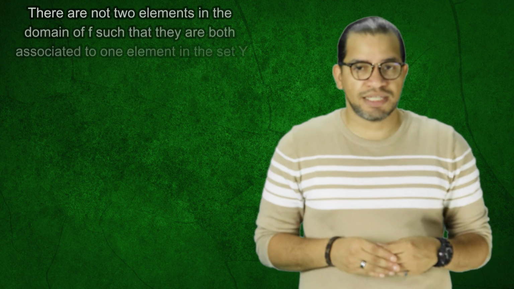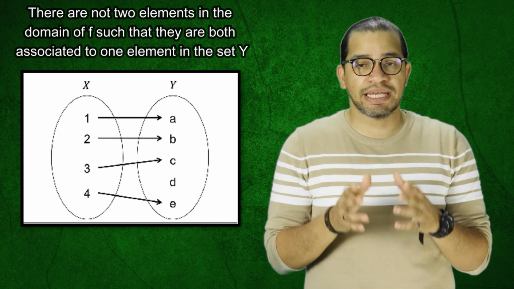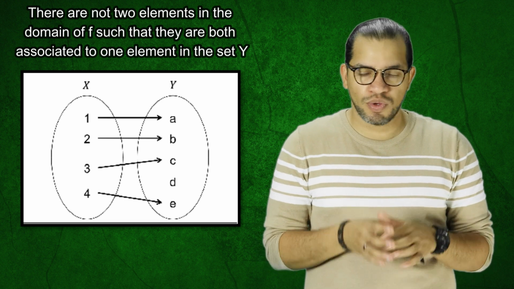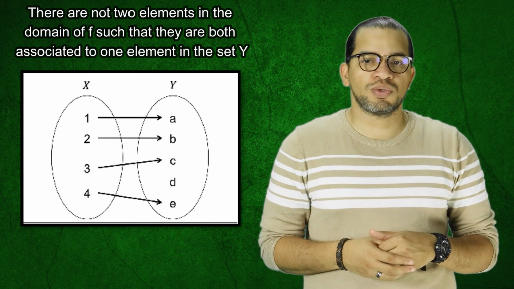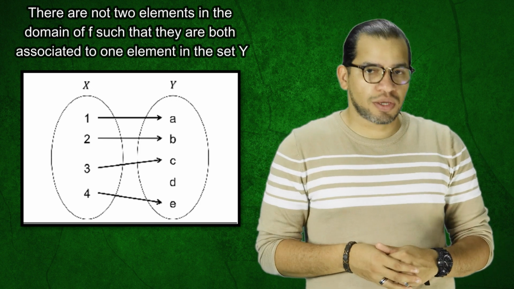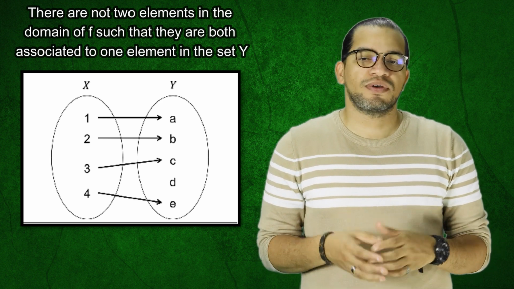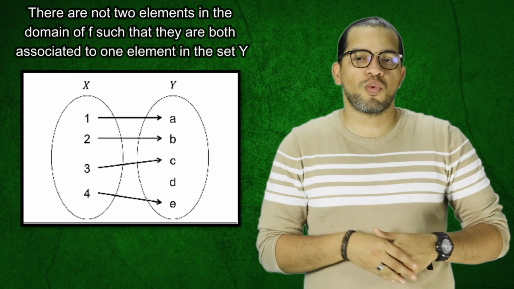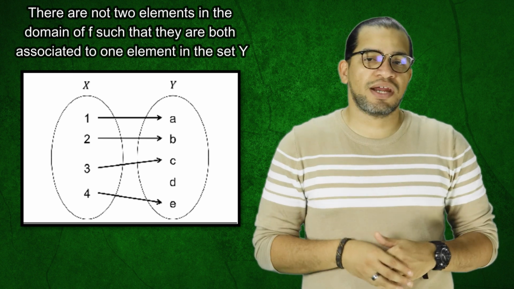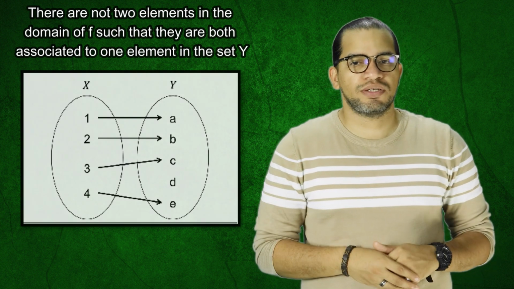We say that a function is injective or one-to-one if and only if we can take 2 output values, y1 equals f of x sub 1 and y2 equals f of x sub 2. If y1 is equal to y2, then necessarily x1 has to be equal to x2.